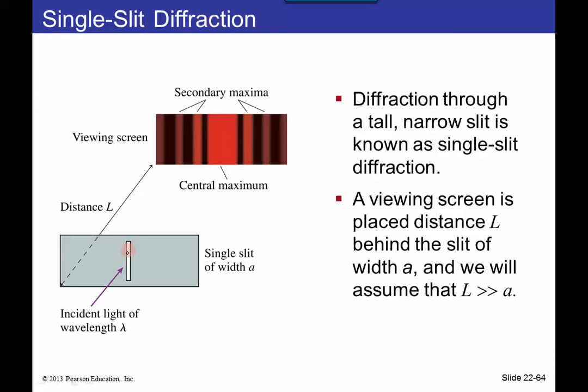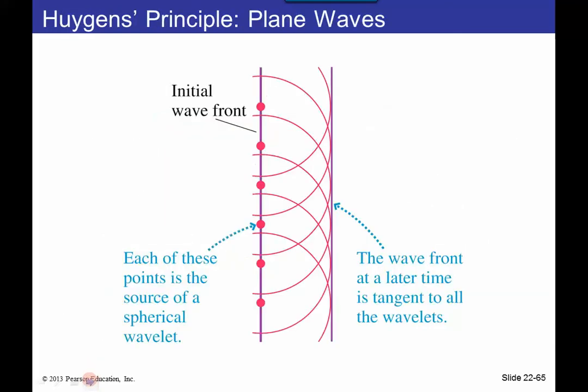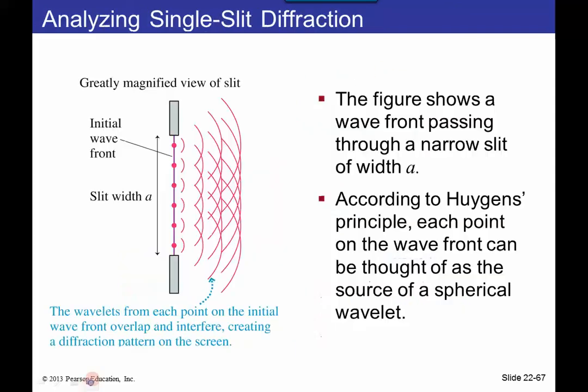A single slit is just one opening, and the way to understand why you get diffraction here is to use Huygens' principle, in which he claims that if this is a plane wave, each point becomes like a secondary source, generating waves. And those waves are going to interfere. So this is your picture here.